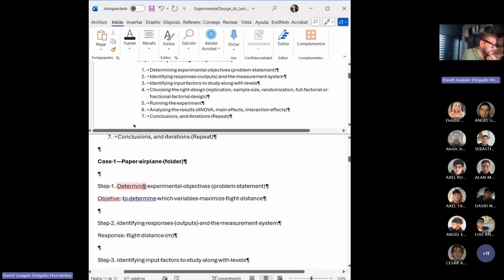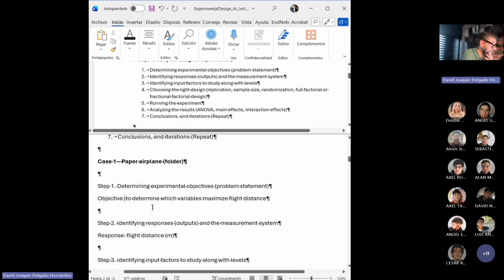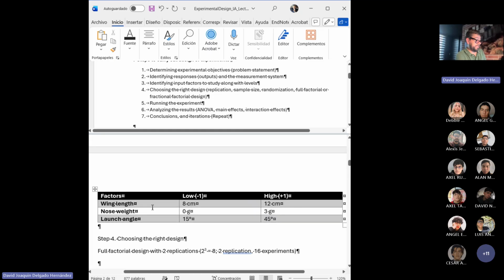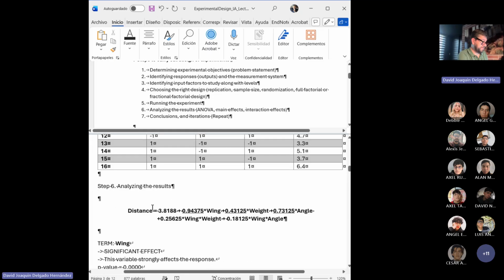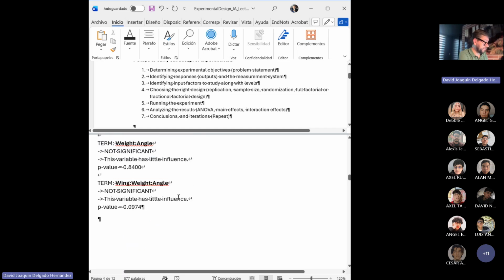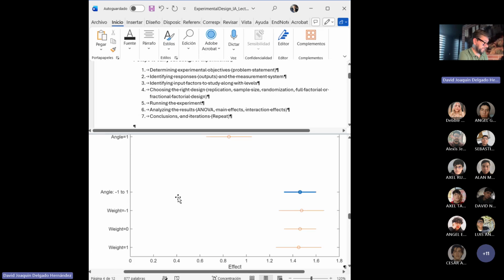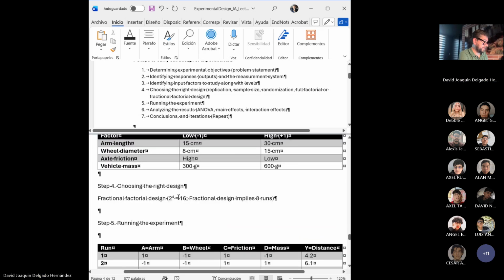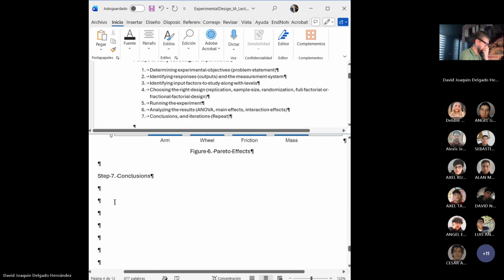Here, determining, there is an N missing here. Okay. Objective. Okay. I am doing this in real time, so that's why I have some mistakes sometimes. But if I can see them, I correct them immediately. Okay, so let's go down here. Okay, perfect.